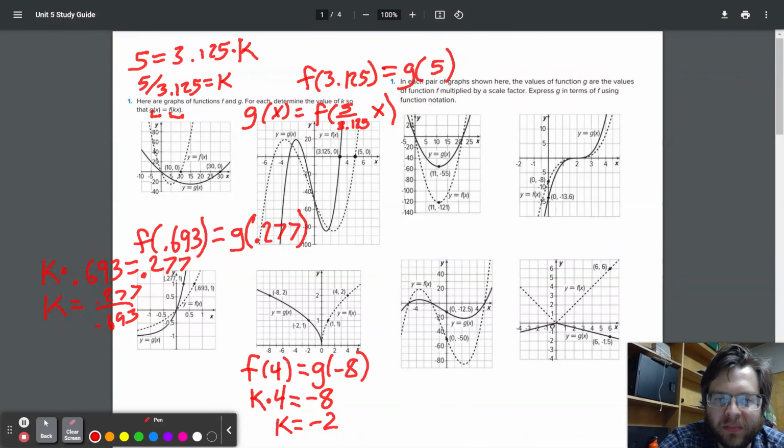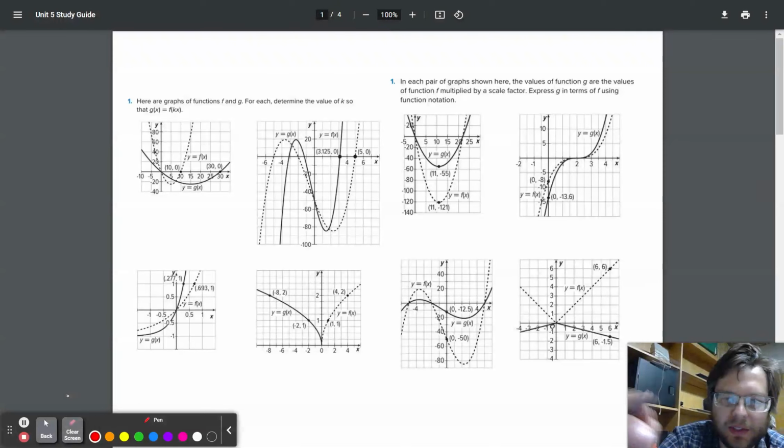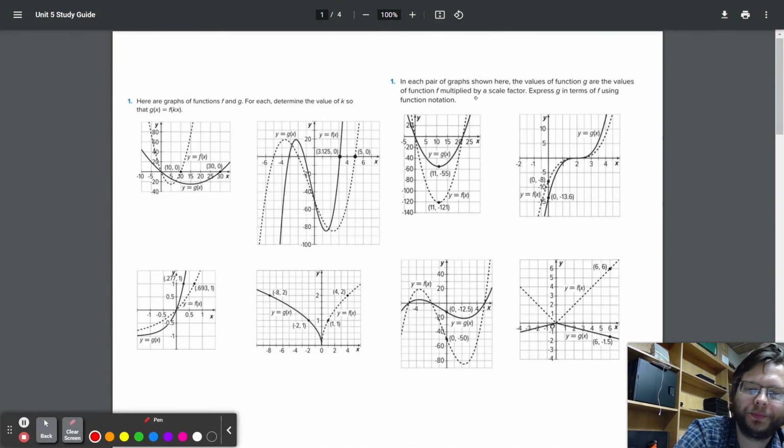Okay? So it's a little bit tricky, in my opinion, with the horizontal dilations. I often get switched around in my head with what way they're going, but I think the vertical dilations are a little bit easier, which are like these questions over here on the right side. So for example, express g in terms of f using function notation.